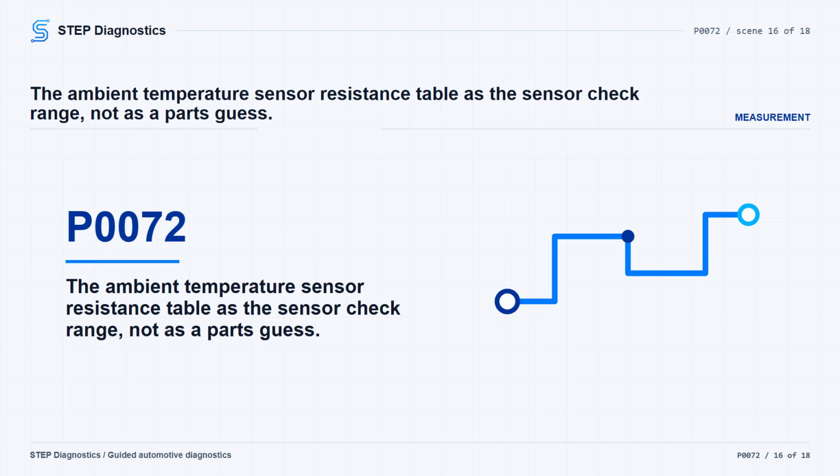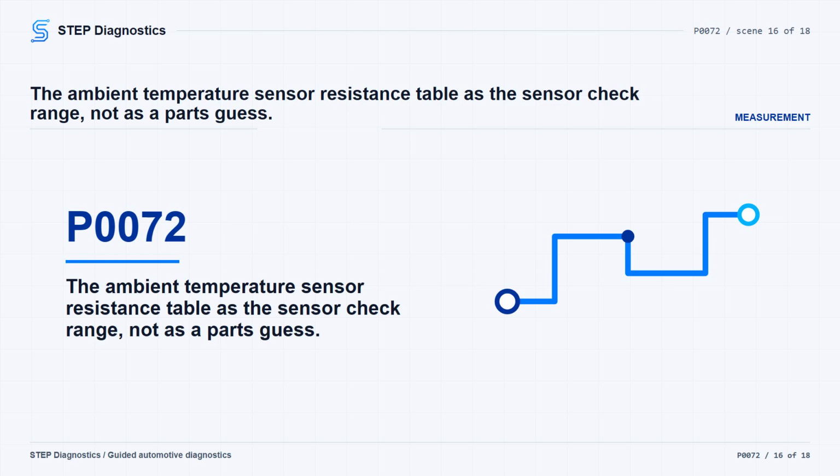At 15 degrees C or 59 degrees F, it shows 15.22 K ohms. At 20 degrees C or 68 degrees F, it shows 12.13 K ohms. At 25 degrees C or 77 degrees F, it shows 9,720 ohms. At 30 degrees C or 86 degrees F, it shows 7,780 ohms.